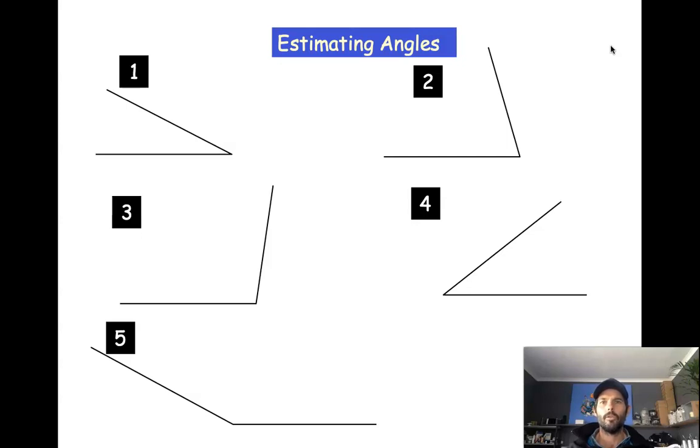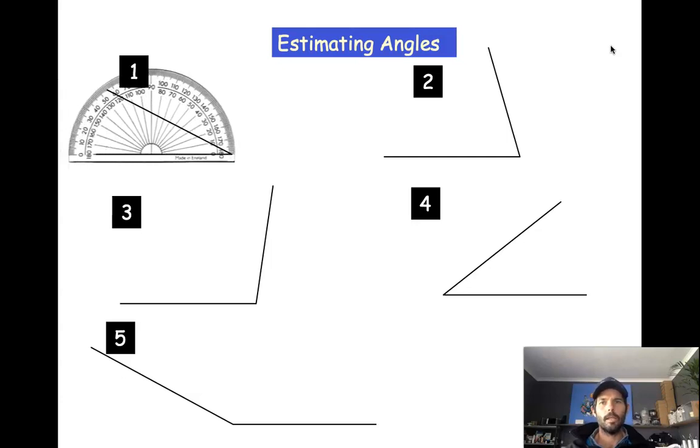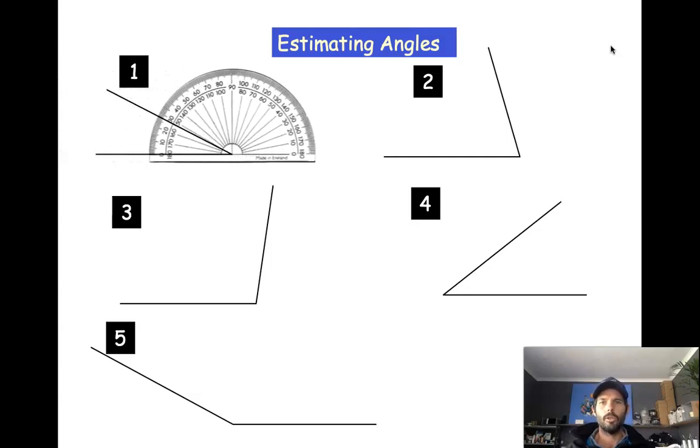And if your protractor is giving you an answer of 125 or 135, you can understand that you're looking at the wrong scale. The same goes for questions 2, 3, 4 and 5: look at the angle first, estimate whether it's bigger or less than 90, or estimate what it is about, and then you can understand what scale to measure from. So you can see on number 1 I estimated it to be about 45 degrees.